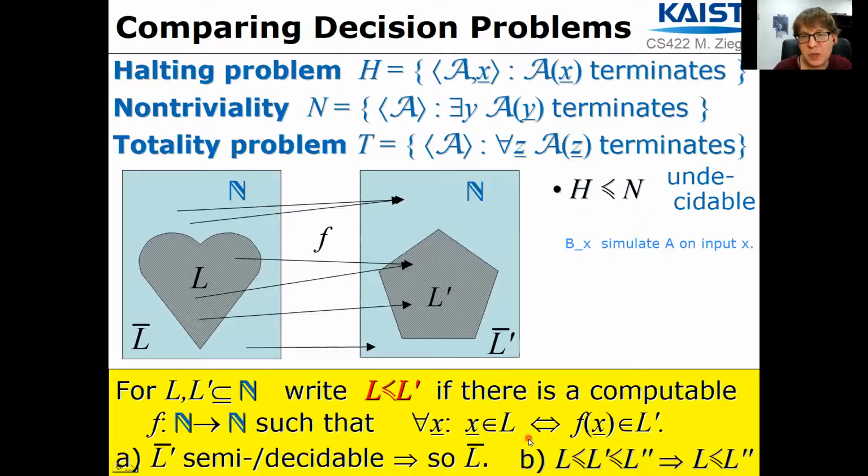That means we've just established this equivalence for the function we've just informally described, and it remains to assert that this function is computable.